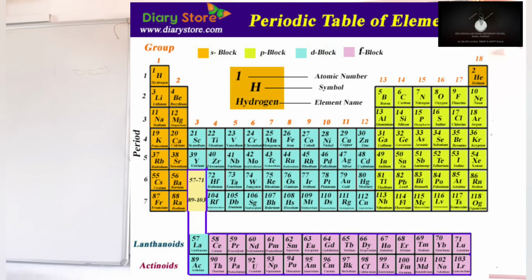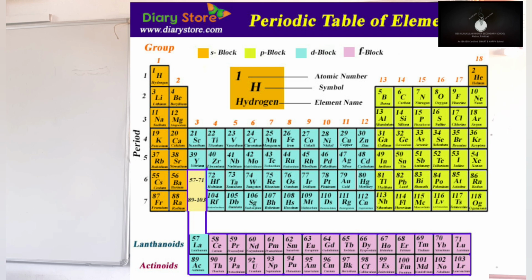Now in the picture in front of you, you can see a periodic table which has 4 different blocks, that is s, p, d and f. You can see the s block, p block, d block and f block. The first and second groups, with 1 and 2 written, are for the s block elements.